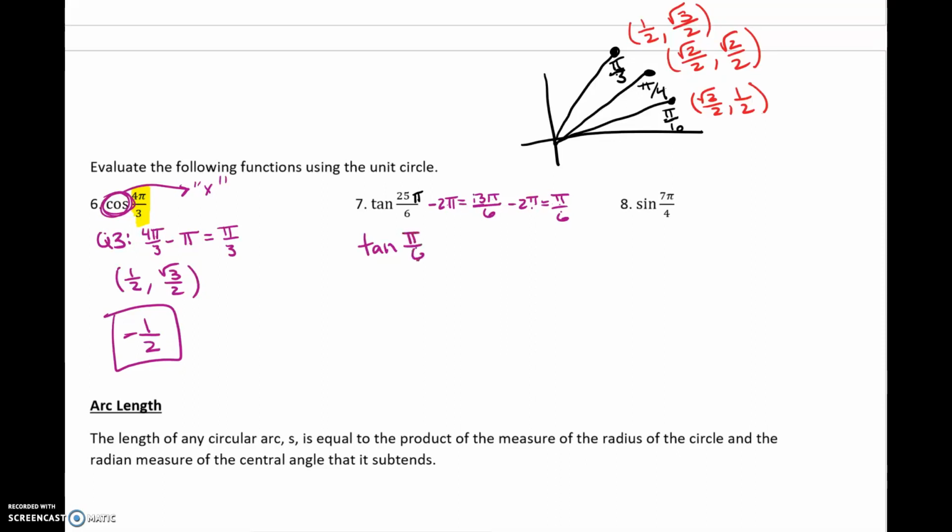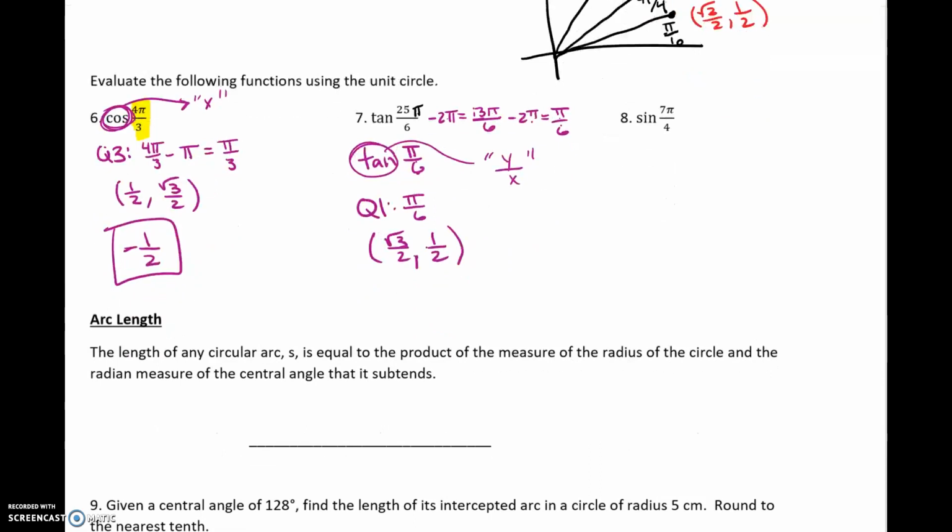So what quadrant is pi over 6? Well, notice it's already in quadrant 1. So my reference angle is just pi over 6. So if I go up here, what are my coordinates? Well, my coordinates are going to be the square root of 3 over 2, comma, 1/2. Well, tangent is y over x.